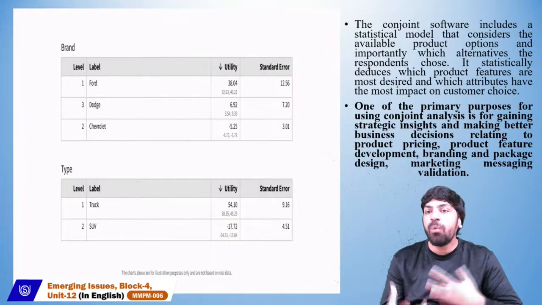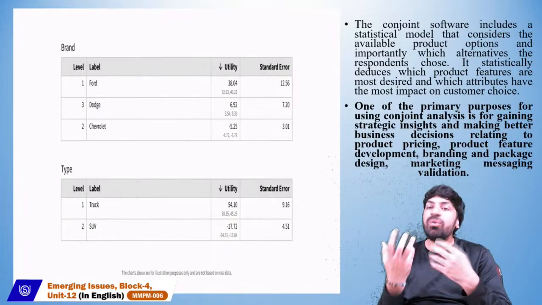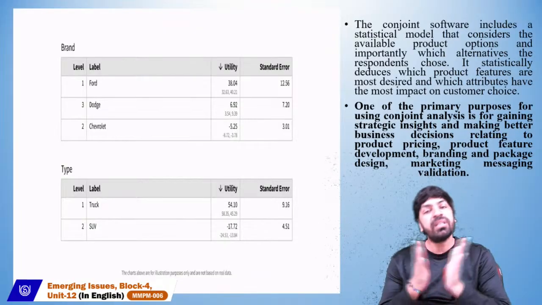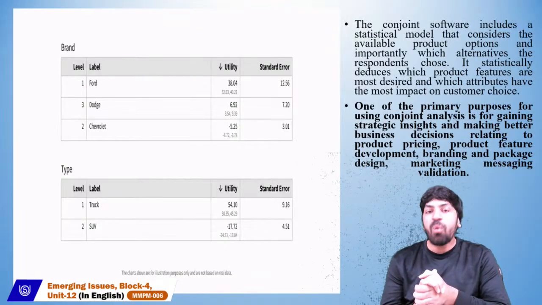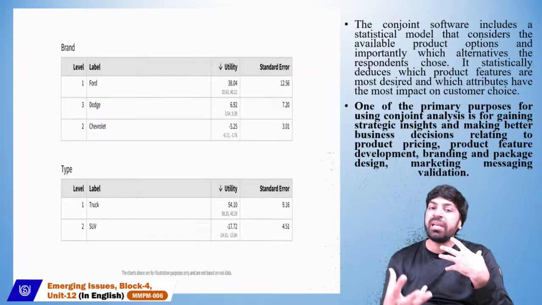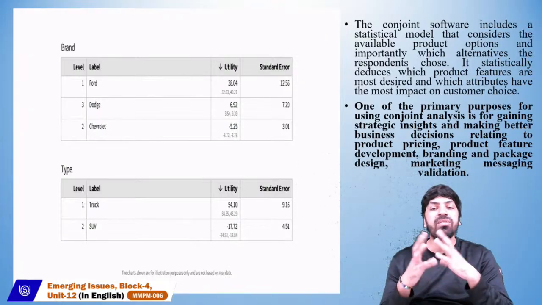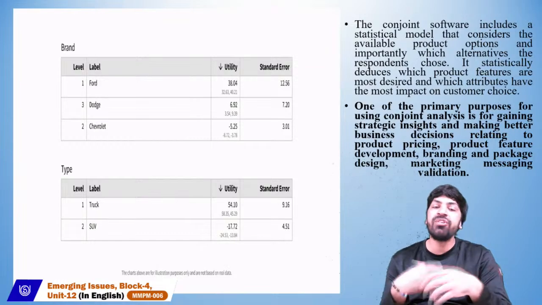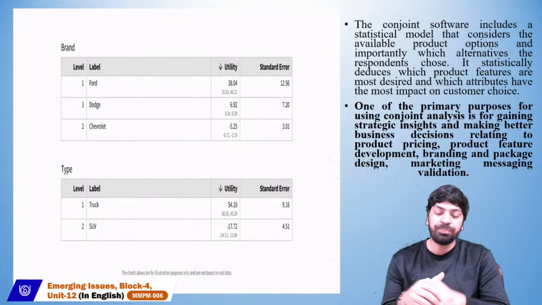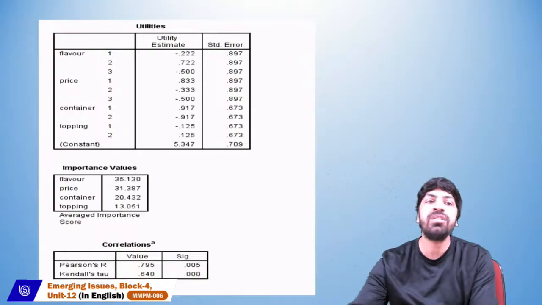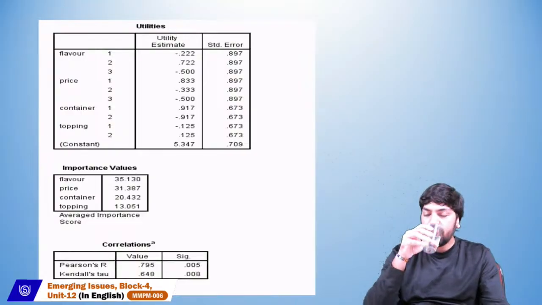So this is how you can conclude your results using this analysis, and accordingly you can apply such analysis using statistical software in your research studies as well. So look up the results.